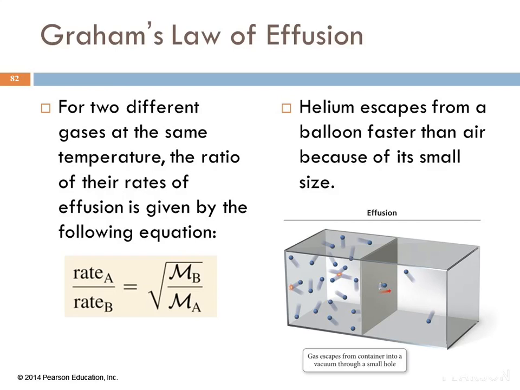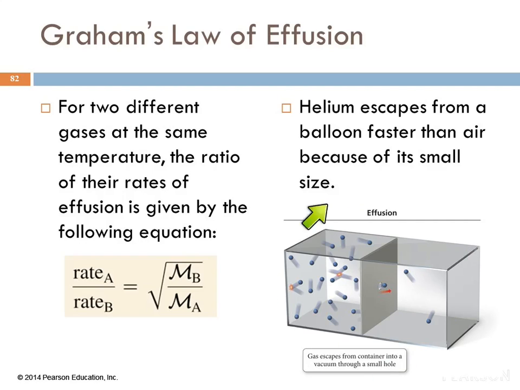If you have a balloon that you filled up with air by blowing on it, and a balloon filled with helium, same exact kind of balloon in the same room right next to each other, and you wait 2 days or something, the helium balloon will get small faster than the air balloon because the helium atoms are smaller and they effuse faster. They're going to get through the teeny tiny pores in the latex balloon faster than the regular air particles.